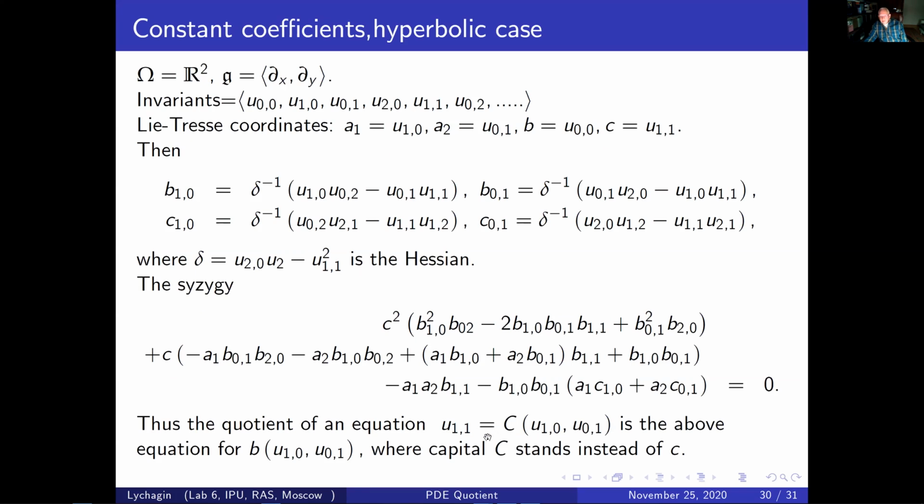So you take this equation, and this is C Z G. You just add the C to this, and you will get a new equation. And this equation now only involves derivatives. So when you solve this, you will find this b. But it will be just a function of u1,0, u0,1.